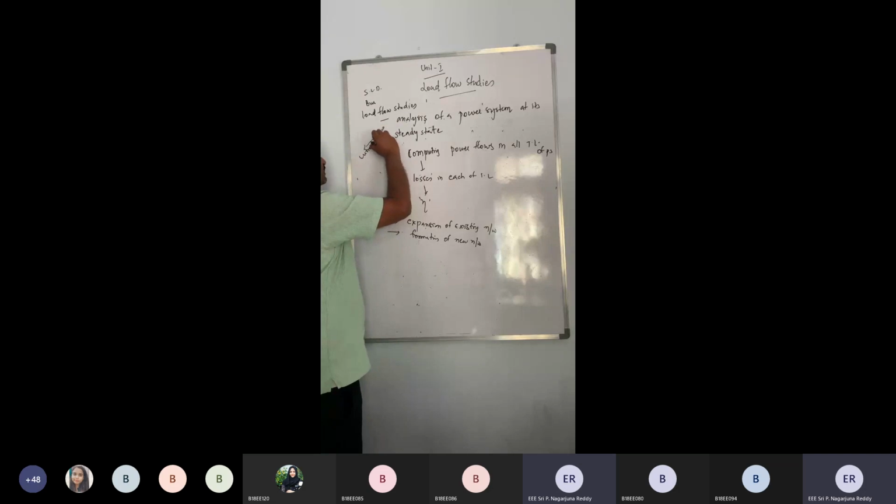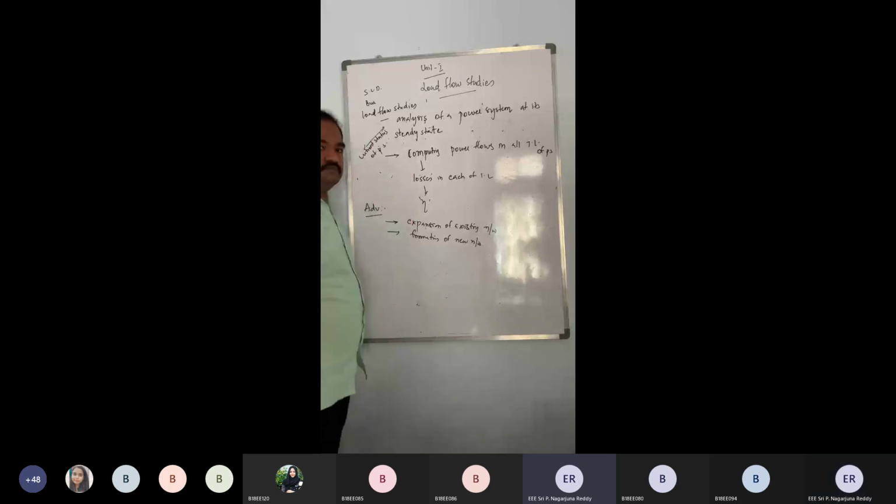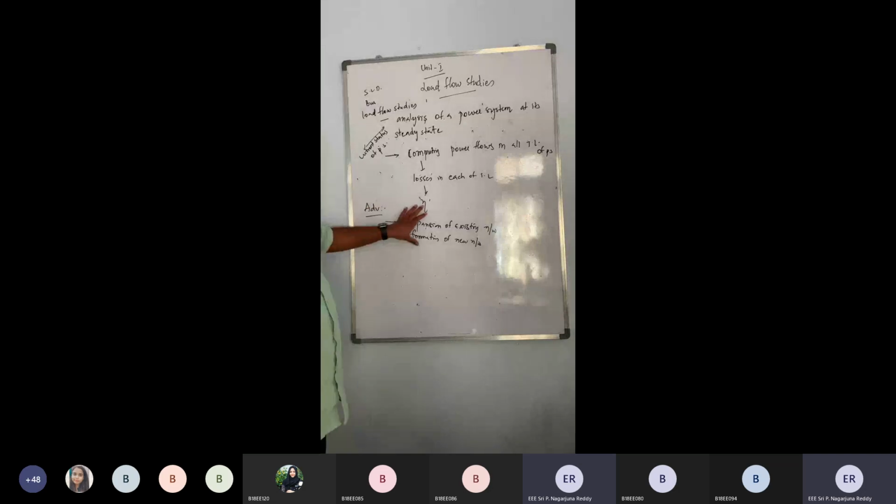And load flow studies give us the current status of the system under steady state, which means that it is not experiencing any disturbances. Assuming that the system is not experiencing any disturbances, the current status is provided by load flow studies. And this understanding of current status helps us in expanding the network or going for a new network. This is about load flow studies.